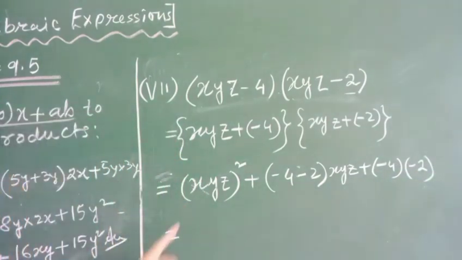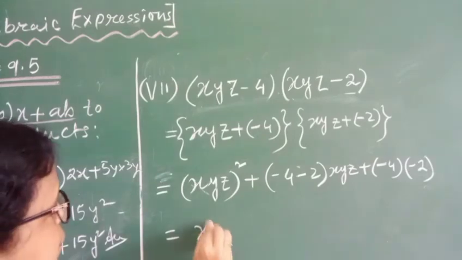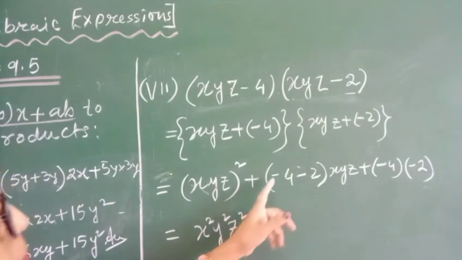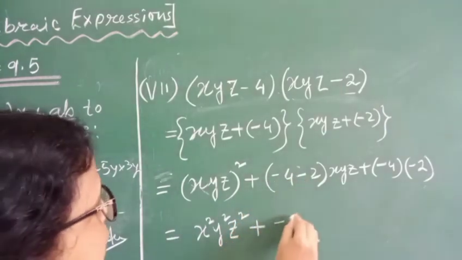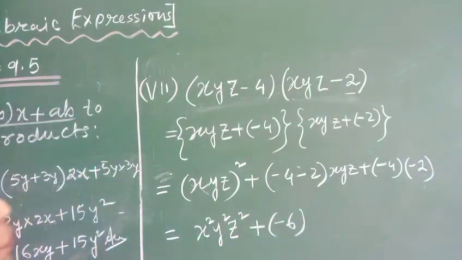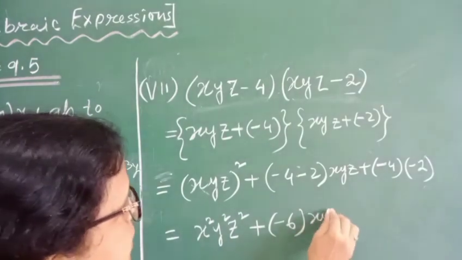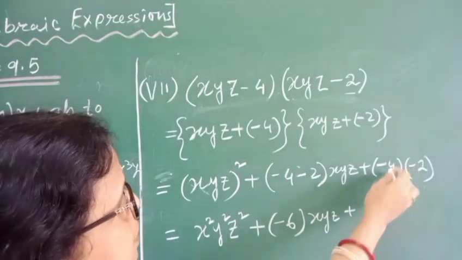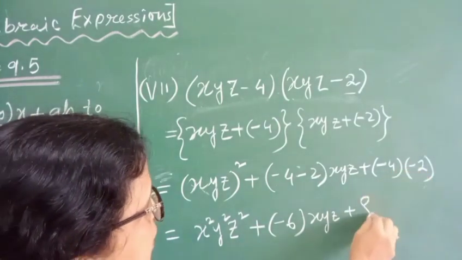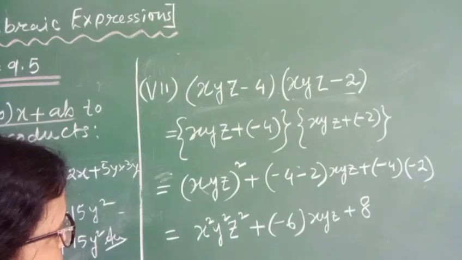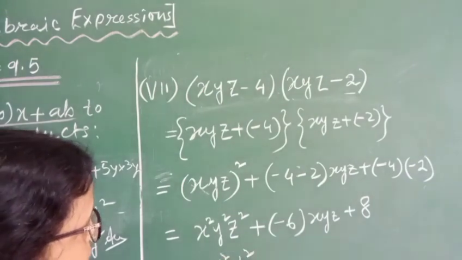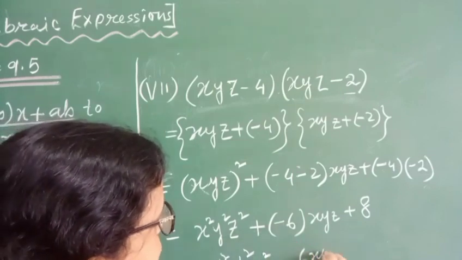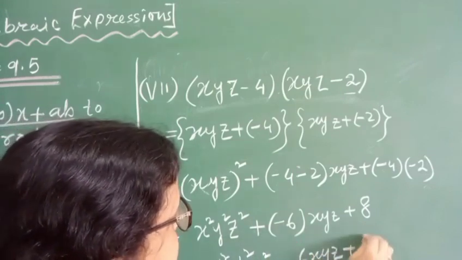Now the result is xyz whole square, that means x square y square z square, plus minus 2 and minus 4, it will be minus 6. Both are the same sign, so we add: minus 6xyz plus minus 4 into minus 2, minus minus plus, 4 2s are 8. So x square y square z square minus 6xyz plus 8.